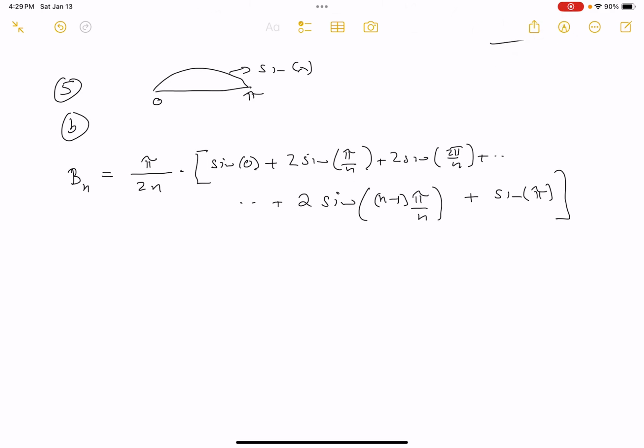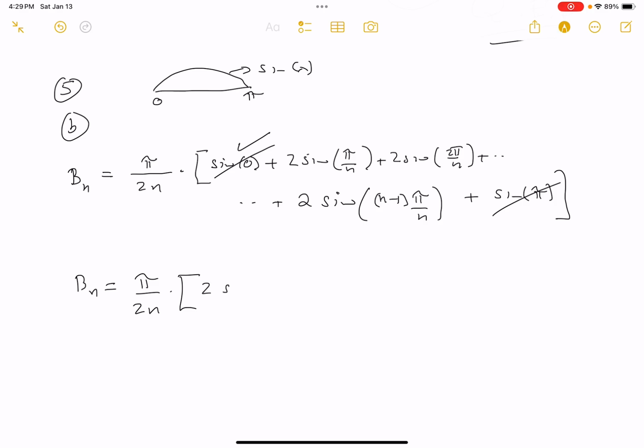I'm going to keep writing this thing down because right now it really doesn't look like what I want it to look like, but it's getting somewhat close. I'm not saying it's there yet. So Bn is still pi over 2n times, well, the sine of 0 is just 0, and the sine of pi is just 0 as well. So I can write it down now with just those middle terms.